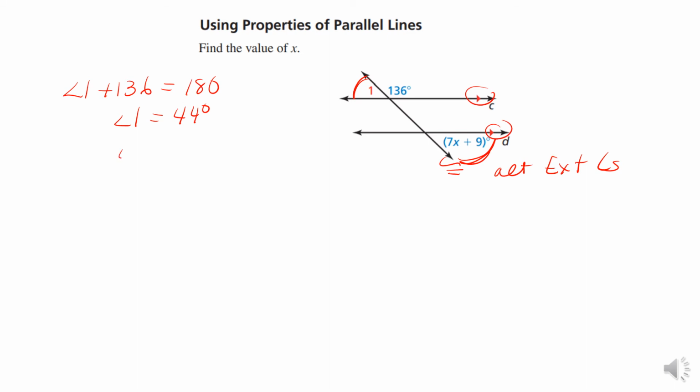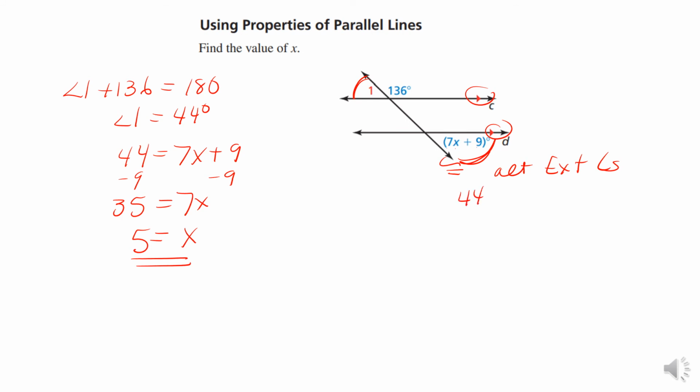So therefore, I can go 44 equals 7x plus 9. And so subtract 9 from both sides. I get 35 equals 7x. So x equals 5. Again, they asked you for x. So that's what we wanted. However, I'm going to check. So 7 times 5 is 35, plus 9 is 44, and that does equal angle 1.